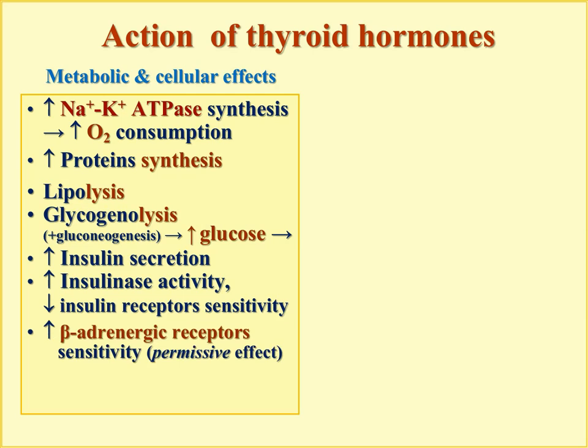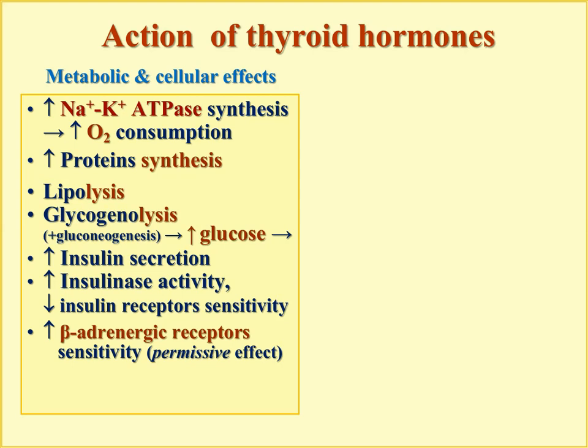Then there is one specific action on beta-adrenergic receptor sensitivity, the so-called permissive effect. Thyroid hormones are lipid-soluble molecules that somehow modify the sensitivity of 7-TMS beta-adrenergic receptors in the membranes. And they become more sensitive to their ligands, which are catecholamines, adrenaline and noradrenaline, mostly adrenaline, of course, for beta receptors.